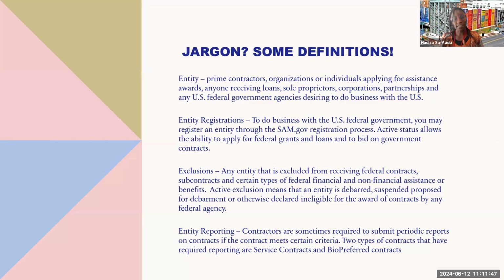If you are actively registered, that means that you have the ability to apply for federal grants and loans and to bid on government contracts. So essentially, entity registration just means that you are officially being identified by the US federal government as a potential partner in doing business as an entity.